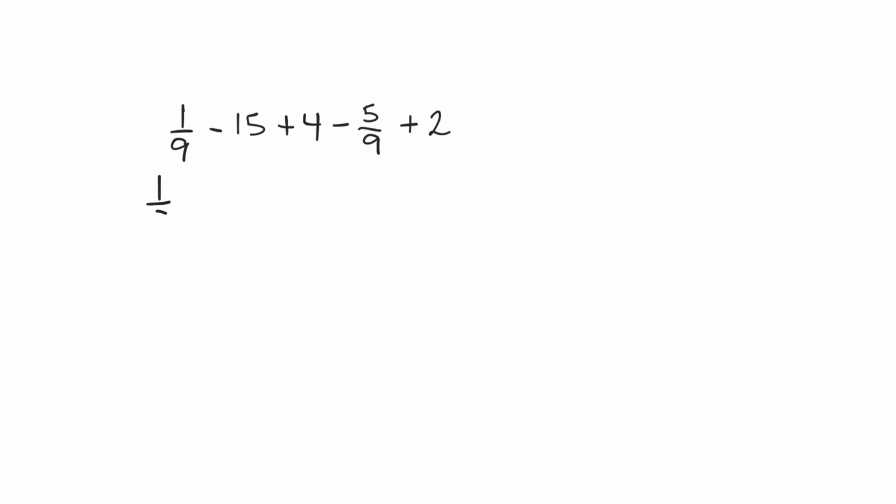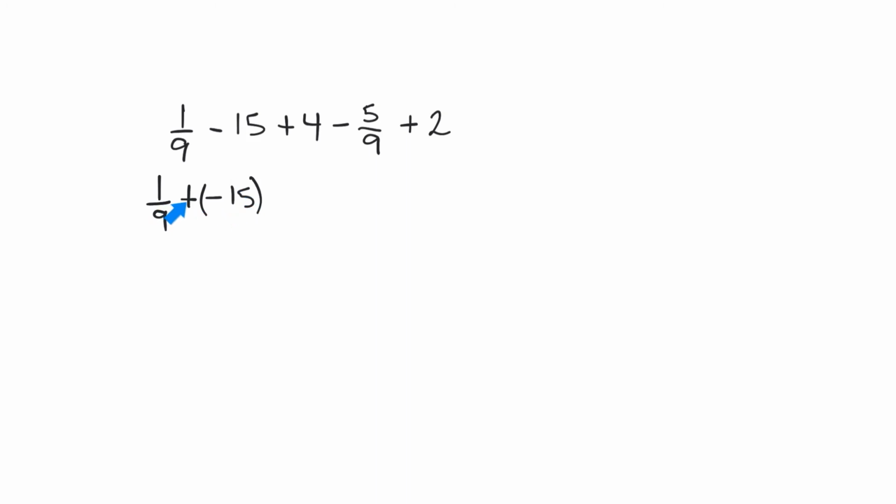This is 1/9. And then instead of minus 15, I'm going to write it as plus a negative 15. Okay. And I am going to put that in parentheses here to separate that operation from the sign. This right here is the exact same thing as that.